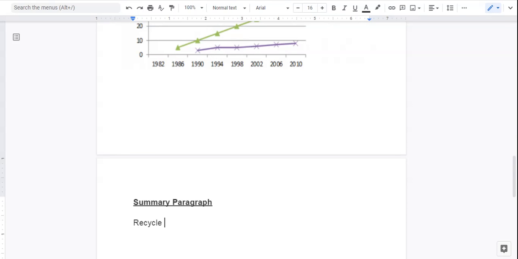Recycled materials in 4-year increments, spanning from 1982 to 2010.